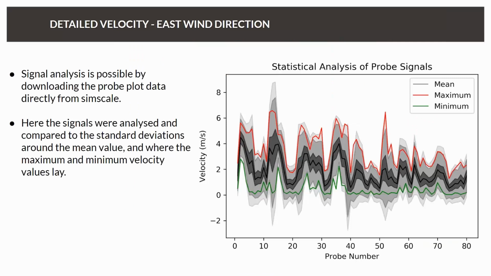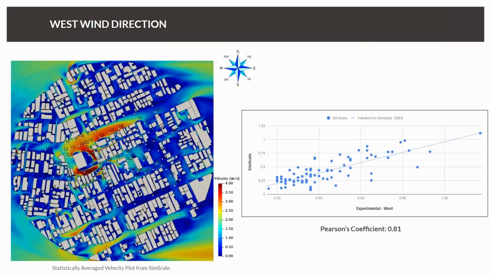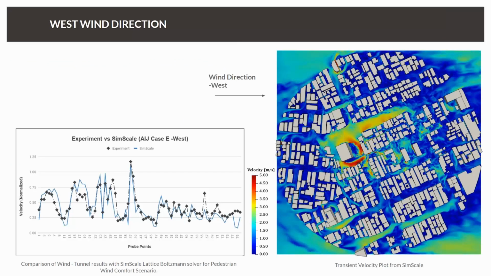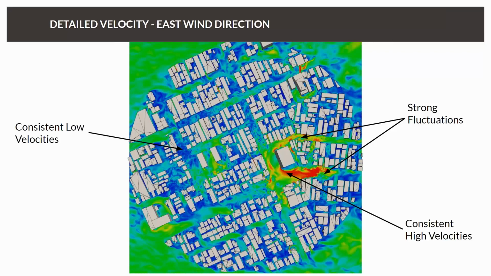In the next slide, what we've done is we've taken all of our probe points. So we presented before a list of probe points, and what we did is we plotted that over time. We've taken the average and compared it to the average results of the experimental results. But we've got more data than that.